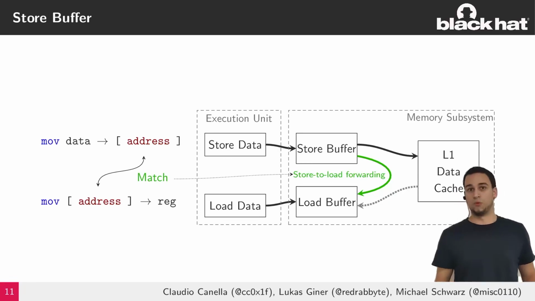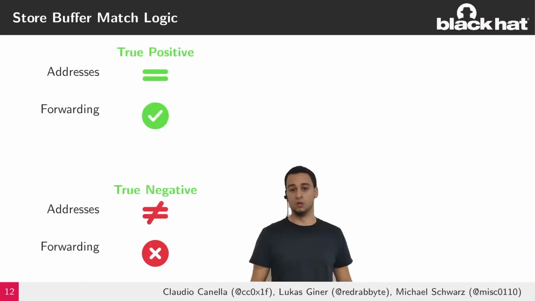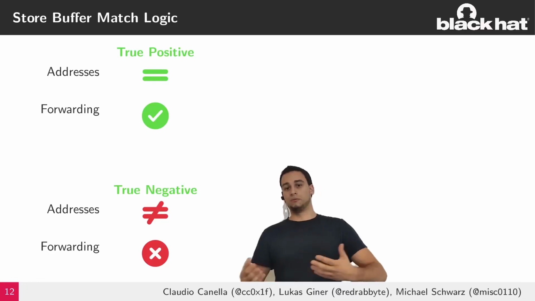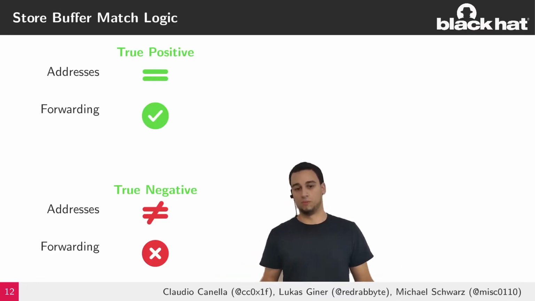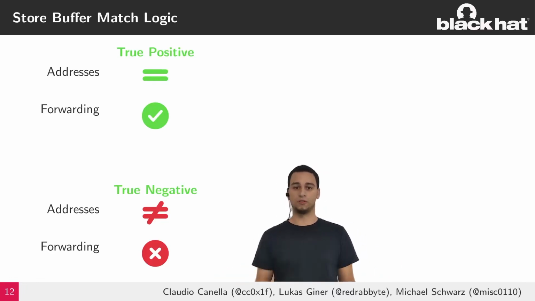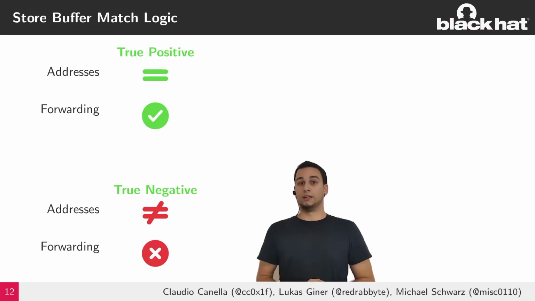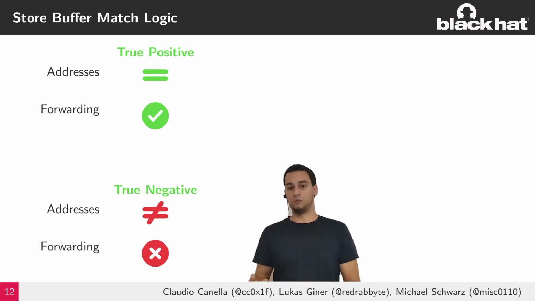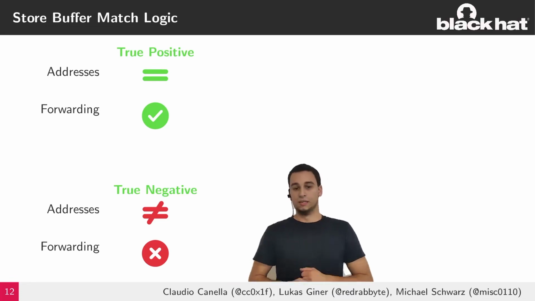Of course, we can optimize that further. So we don't have to check for a full match. We can optimize that even more. So we can do something like a partial comparison. And if it's true, we do the forwarding, and this can be okay. So it's a true positive. Everything happens as it should. We only forward the things that actually match.